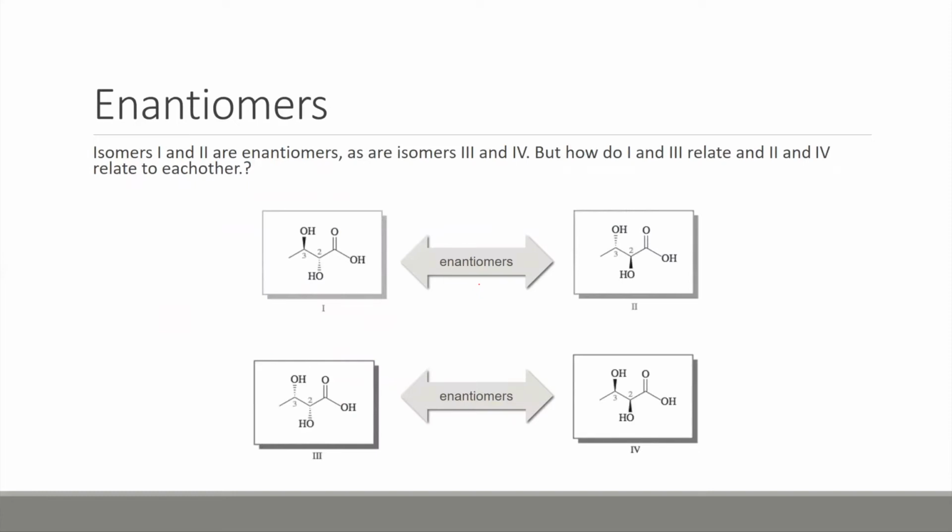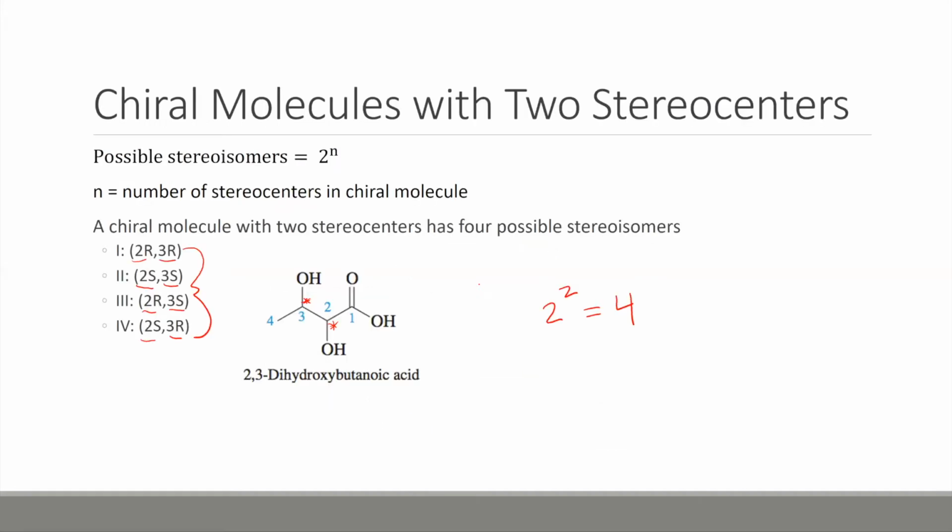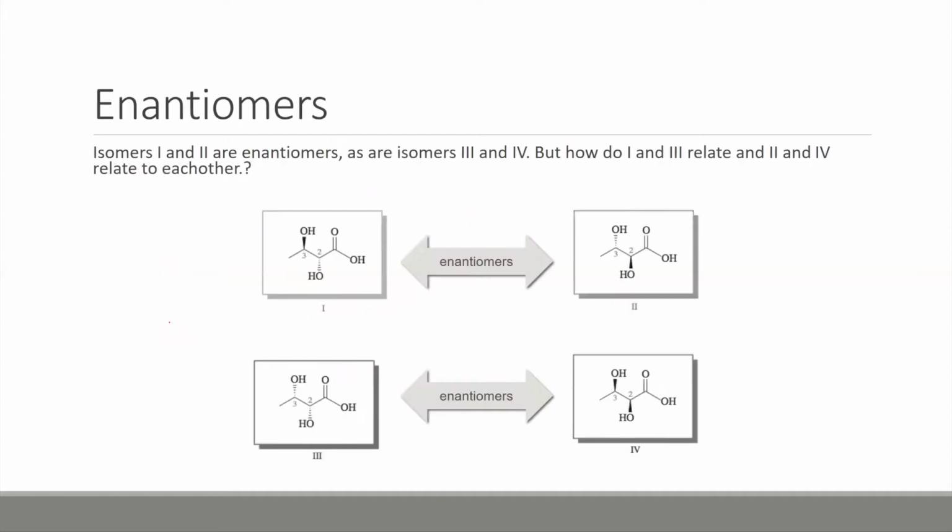Now, we talked about enantiomers in the last chapter. And if you look at this molecule and the versions that I just showed you, version 1, 2, 3, and 4, RR, SS, RS, and SR, you'll notice that the version where we have an RR and an SS are enantiomers to each other.